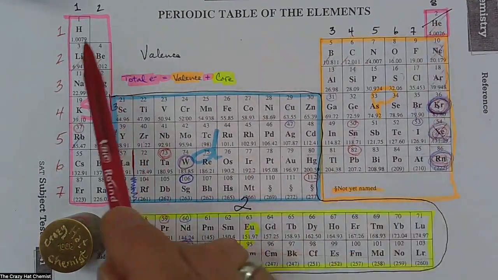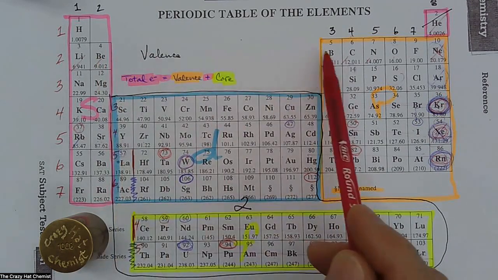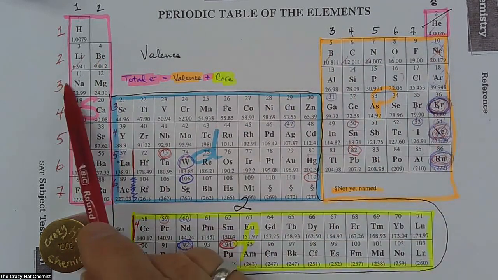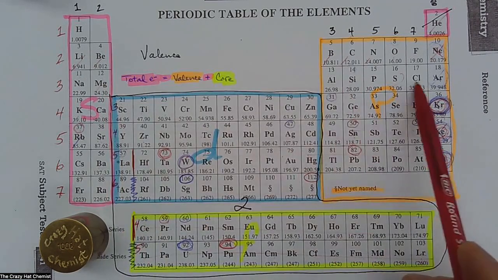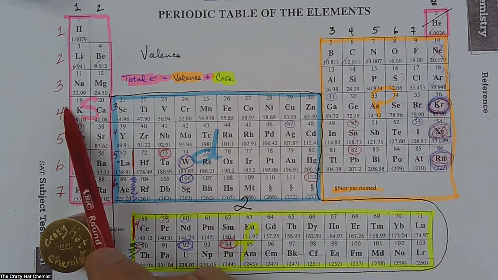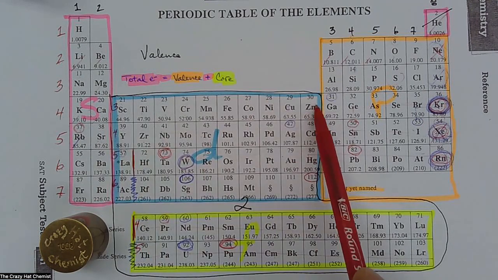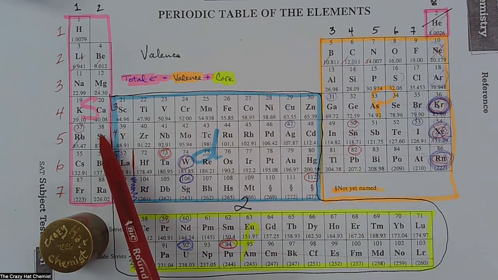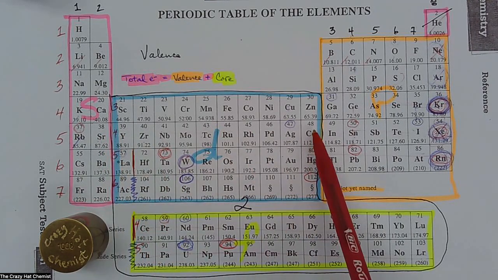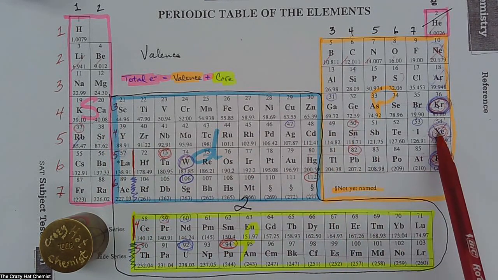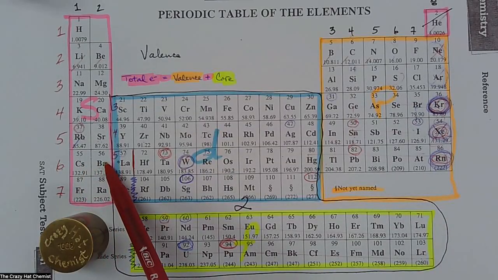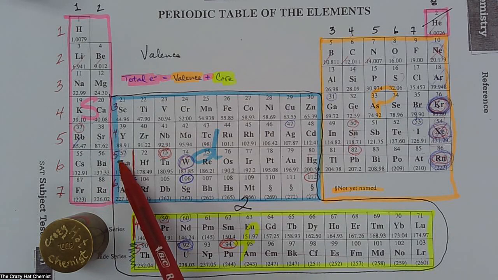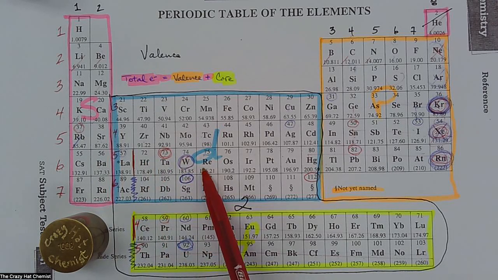Then it is 2s2, 2p6, 3s2, 3p6, 4s2, 3d10, 4p6, 5s2, 4d10, 5p6, 6s2, and 5d5, but it also has 4f14 and 5d1, 2, 3, 4, 5.